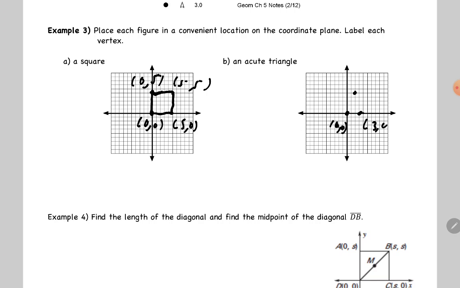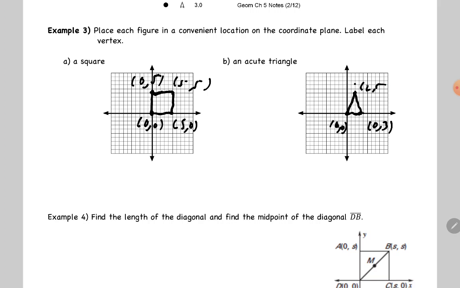Usually they give you some dimensions. 1, 2, 3, 4, 5.